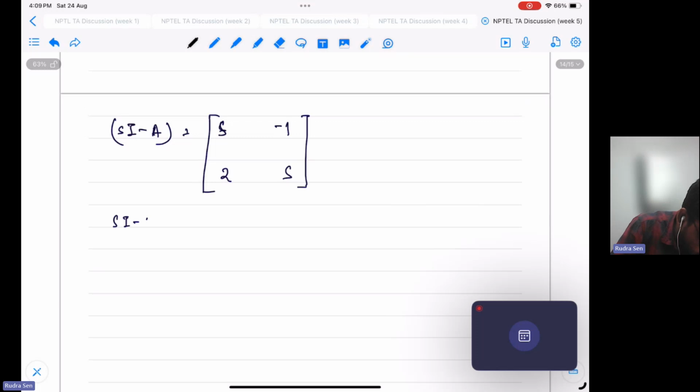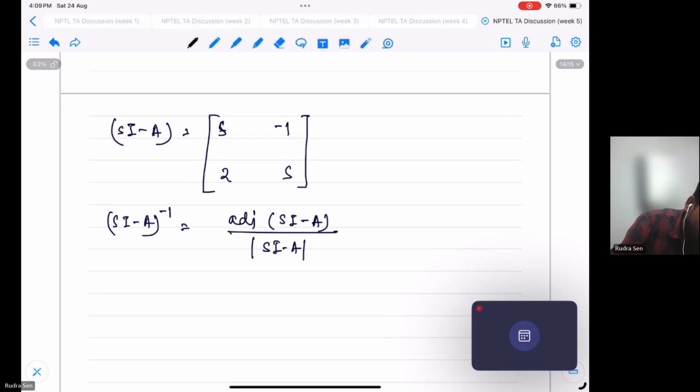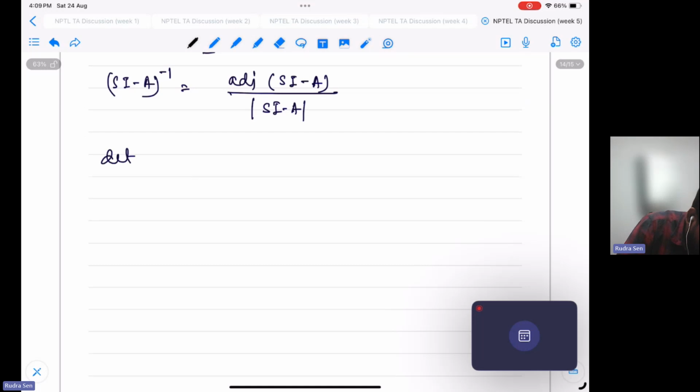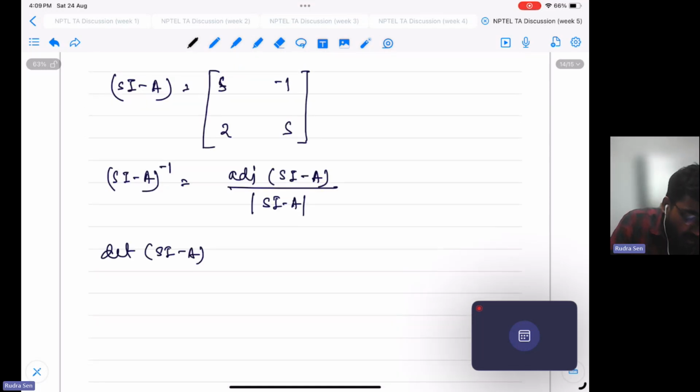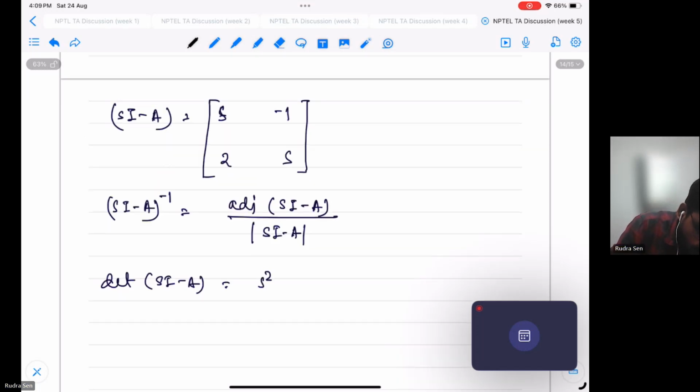So (sI minus A) inverse is the adjoint of sI minus A divided by the determinant of sI minus A. First we find the determinant, which is s square plus 2.